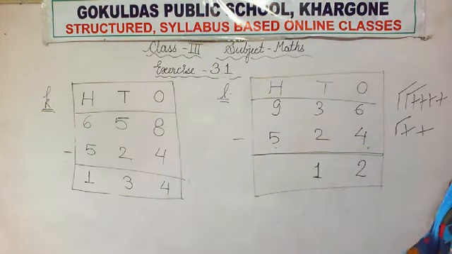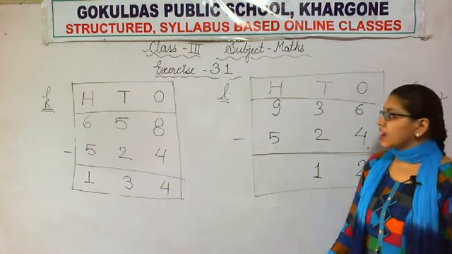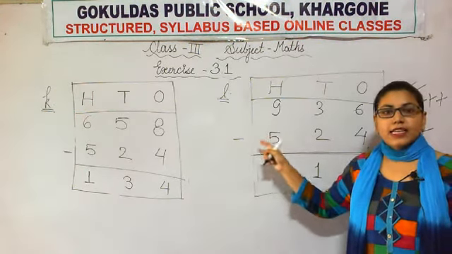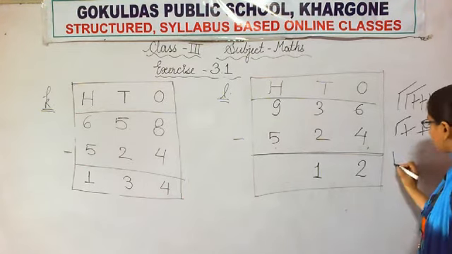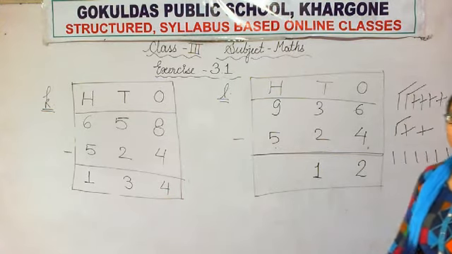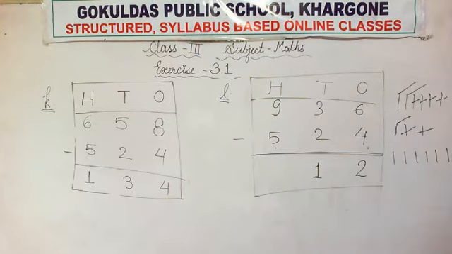Okay. Now, the last column, the hundreds column, 9 minus 5. First of all, we will draw 9 sticks. 9 sticks minus 5, so we will cancel out 5 sticks: 1, 2, 3, 4, 5.